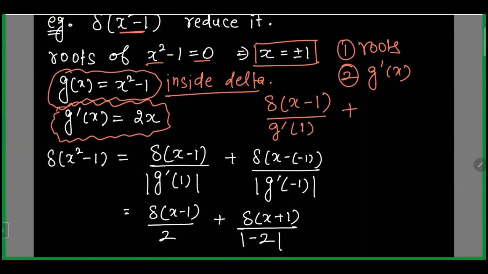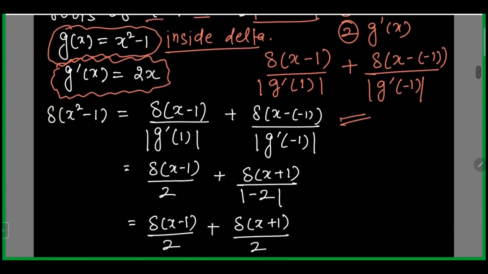Whatever my g dash value is, I will put my root in g dash x. Now again, I will do x minus my second root, minus 1, and I will put my root into g dash x. So this is what you will get.